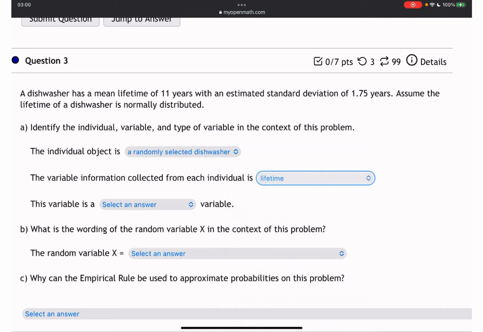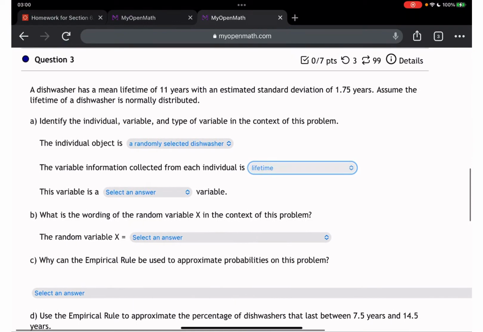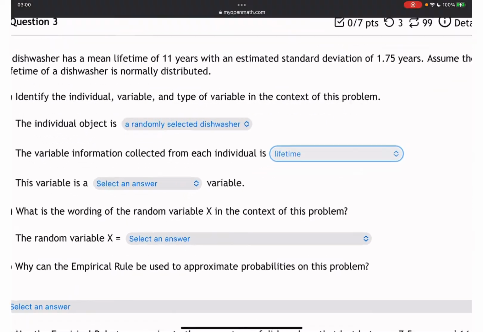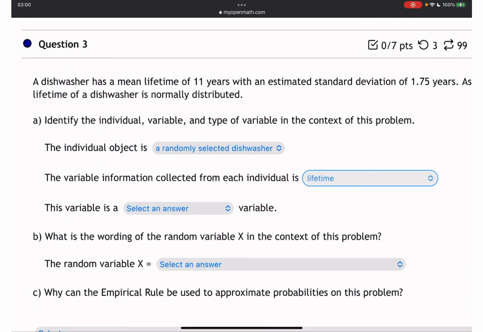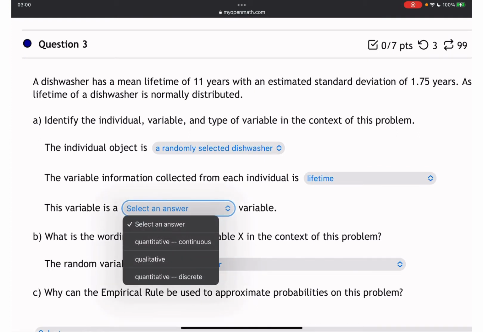The next one, the variable, the information collected from each individual: lifetime. Taken from the problem, it has lifetime. We've estimated a mean of 11 years for lifetime. Okay, the variable is, let's see what we have. Quantitative continuous.